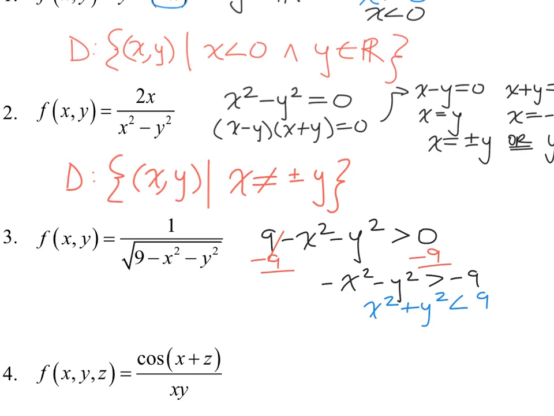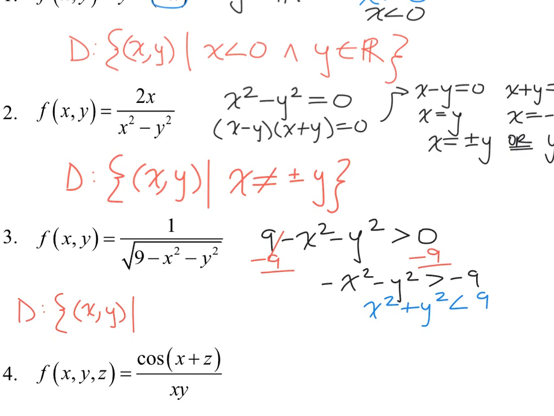I'm going to switch the direction of the sign. So that's all side work to help me come up with my domain, which is actually pretty simple, because all you need to do is establish under what circumstances your function will not exist. All right, I have a function that's defined in terms of x and y.